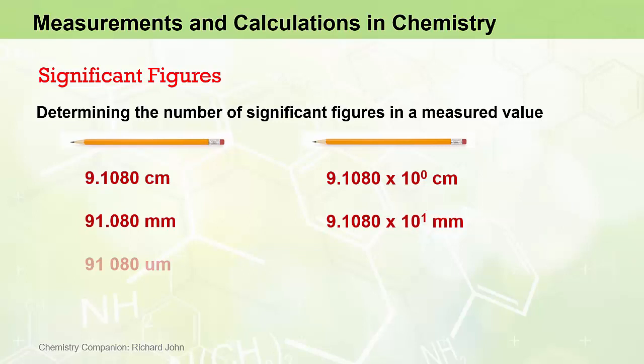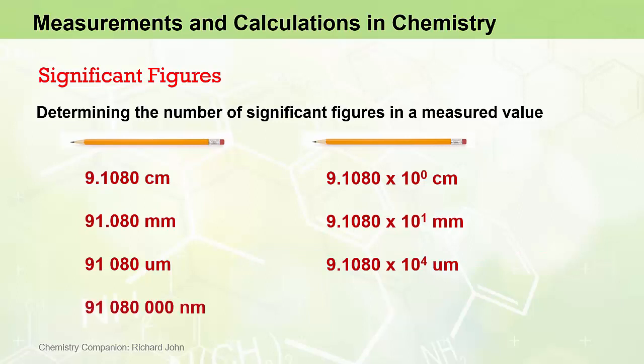If we want to represent this measurement in micrometres, 91,080 micrometres is best represented in scientific notation as 9.1080 times 10 to the 4. 10 to the 4 has the value of 10,000, and so multiplying by 10,000, we regenerate our original number of 91,080 micrometres.